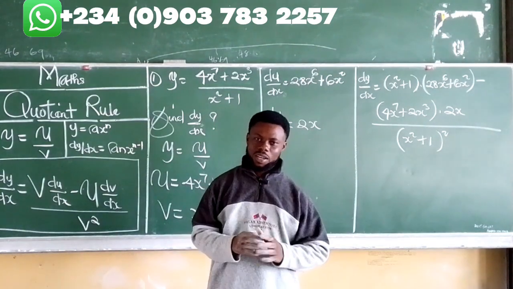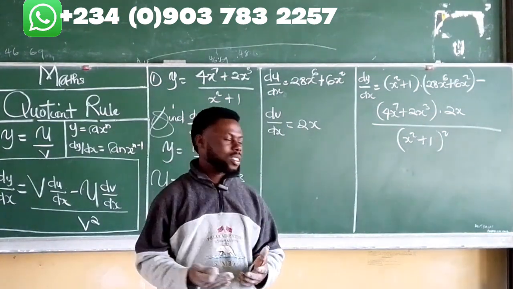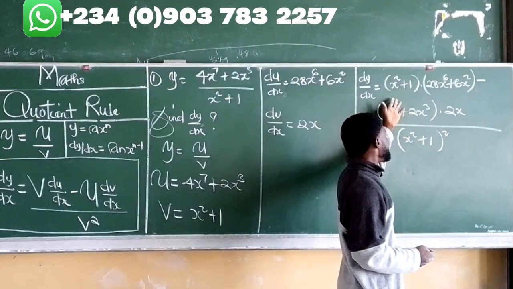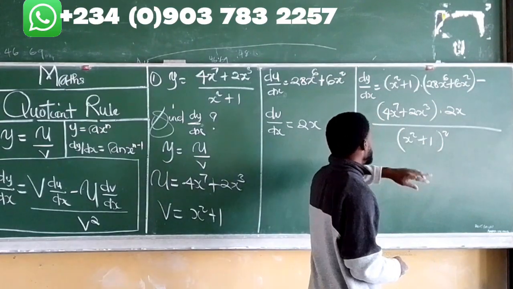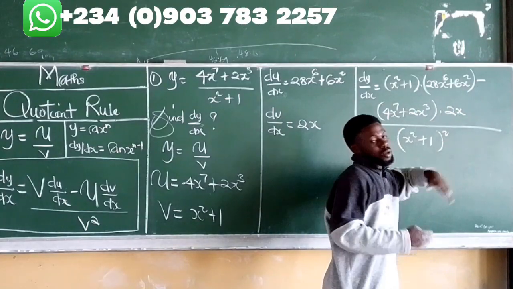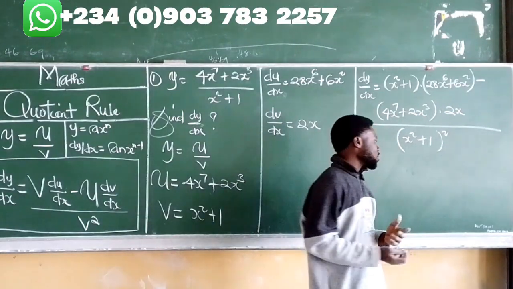So this could be your final result, or you can further simplify the numerator. The numerator, yes. So if we are required to simplify the numerator, then it will be this bracket times this minus this times this, then you collect like terms. Okay, let's do that.